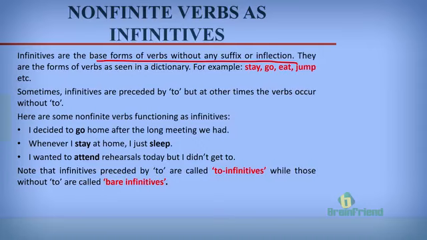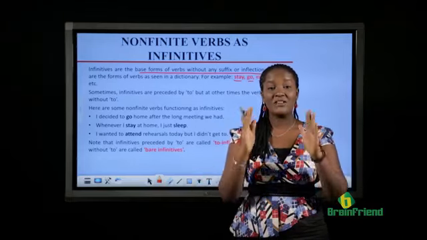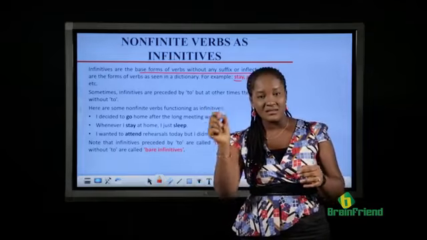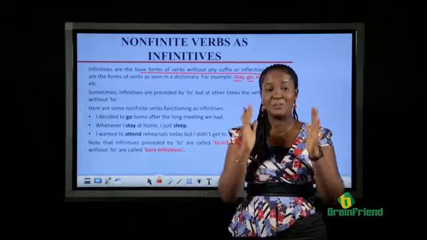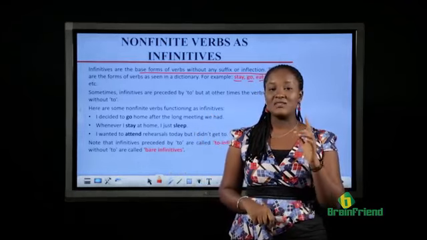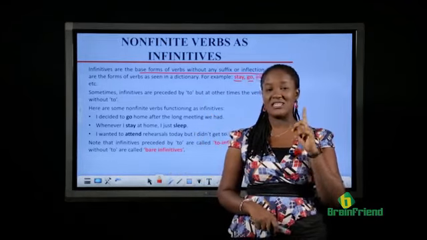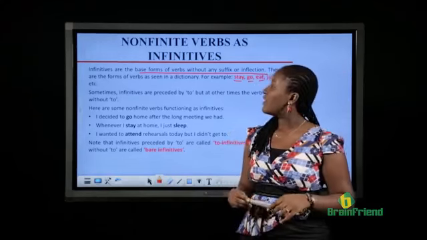For example, stay, go, eat, jump, play, write, and so on. The way the verb is, without adding ed or ing. The base form of a verb is known as the infinitive form of the verb.